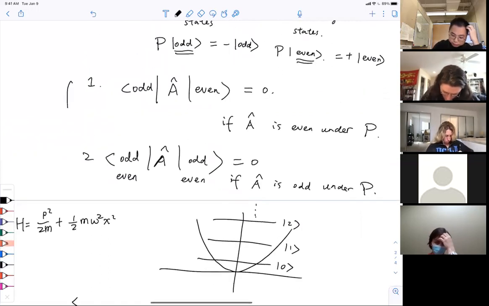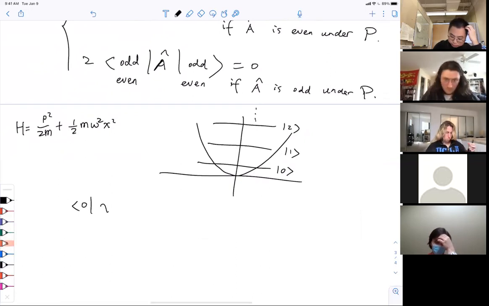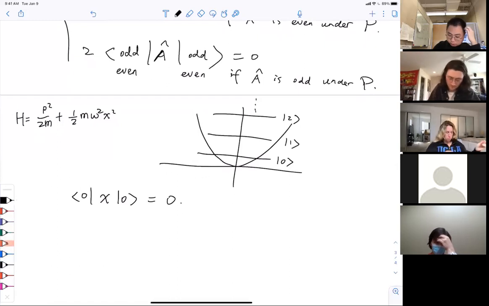So according to these selection rules, we know this must be 0, right? You don't need to do any calculation because x changes sign under the parity operation.